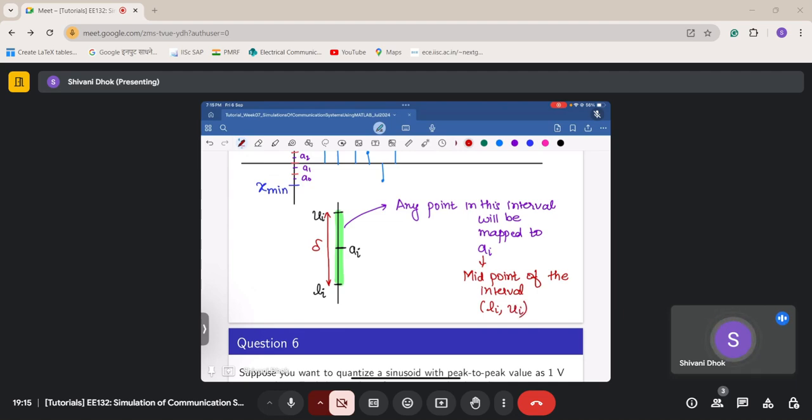So what does it mean? You have a delta by 2 distance here, and another delta by 2 distance here.